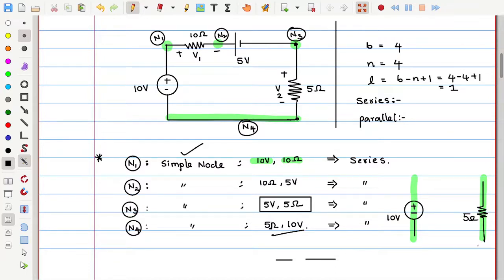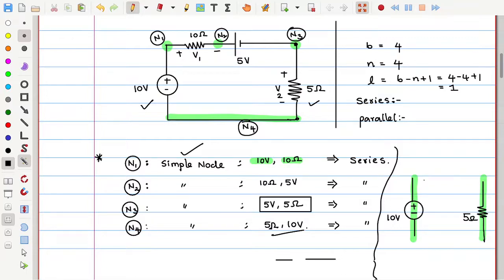These are just parallel lines, right? So can't I say these are connected in parallel? The 10 volts source and 5 ohms, like parallel lines, yes or no? Tell me. All of you think in this direction. No, sir. Then what exactly is parallel?